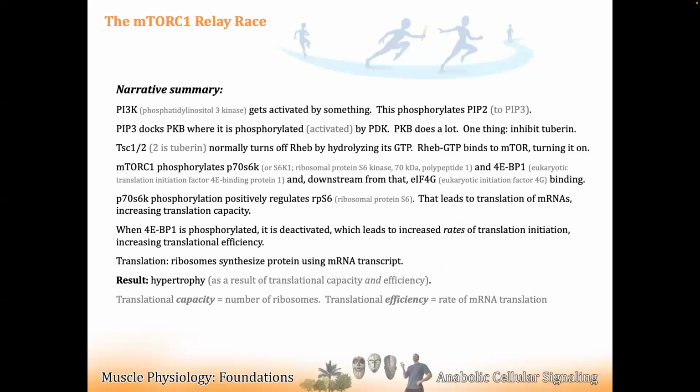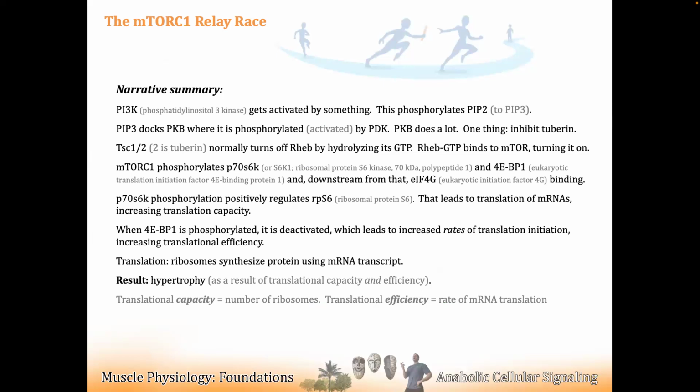But one of those effects, one major effect, is to phosphorylate tuberin, which shuts off tuberin. If tuberin were on, it would be converting RHEB's GTP into GDP. And RHEB, Ras homolog enriched in brain, has the word brain in its name, but it's ubiquitous, right?